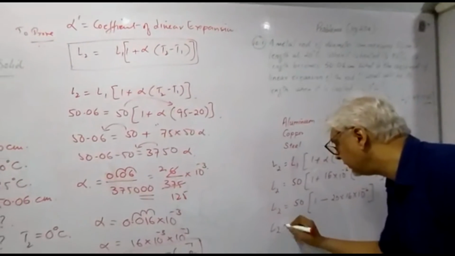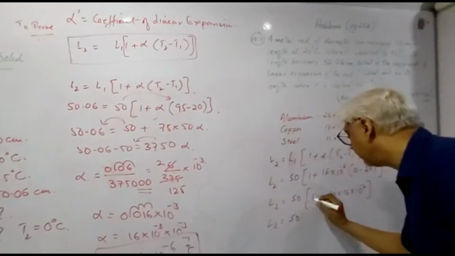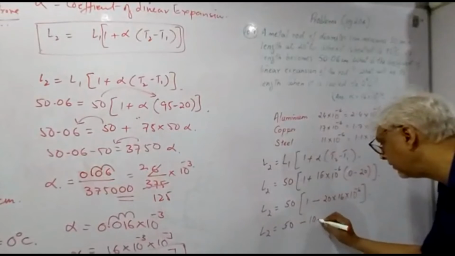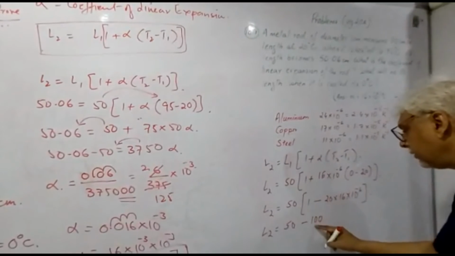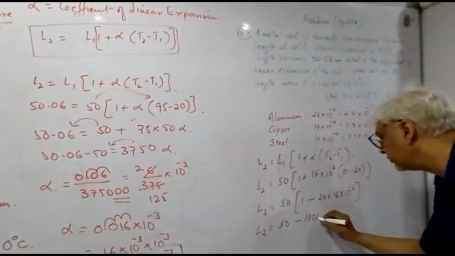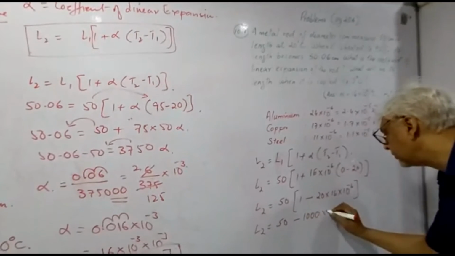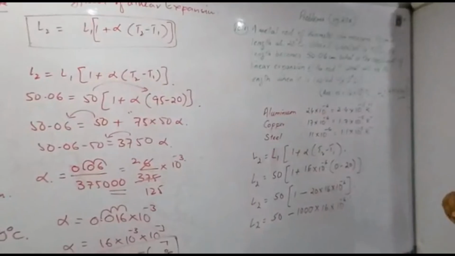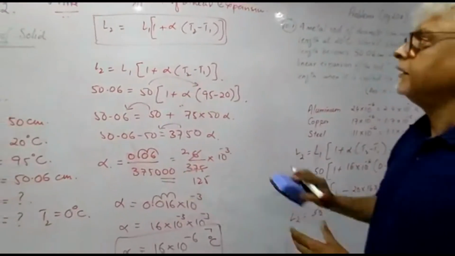So the final length is 50 minus 50 multiplied by 20, which gives 1000, times 16 into 10 to the power of minus 6. Right? I'll rewrite it over here.